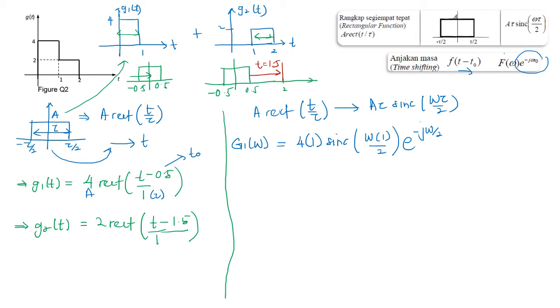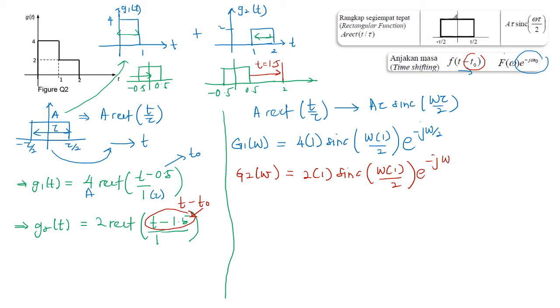And then your G2(omega) equals A tau sinc(omega tau over 2). With the shifting property, t minus t naught, where t naught is 1.5, so it is multiplied with the exponential function e to the negative j omega times 1.5, or 3 over 2.